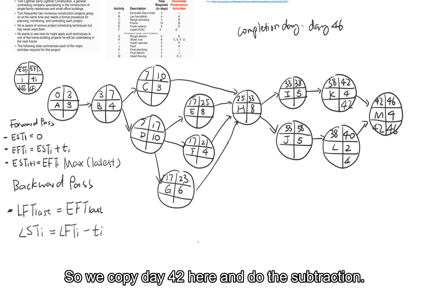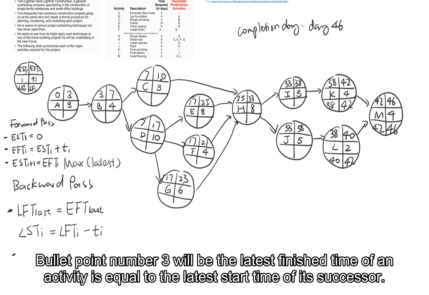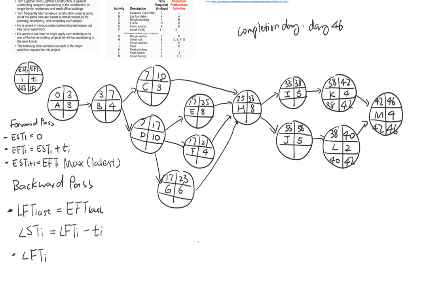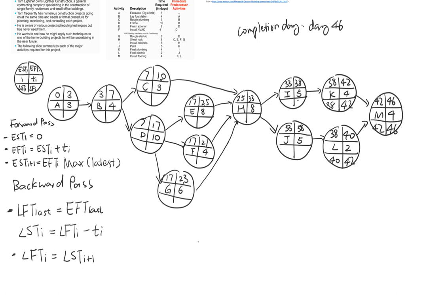So we copy 42 here and we do the subtraction. Okay, key point number 3 will be the latest finish time of an activity equals the latest start time of its successor. Okay, and then we continue with our calculation. 38.